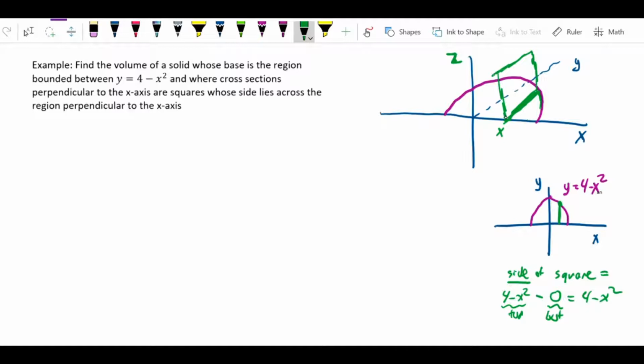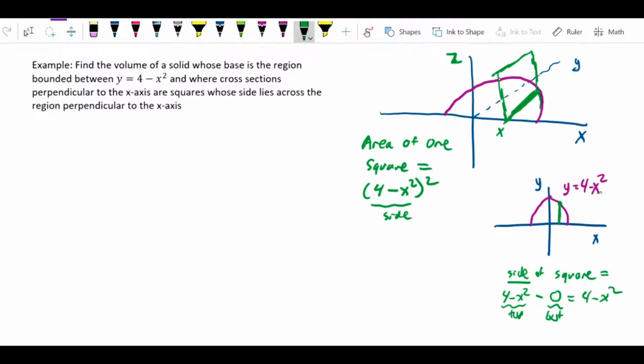We know the length of the side of the square, so what we can say is that the area of one square equals the length of its side squared. So that gives us the area of one cross section of this solid that we're trying to draw.